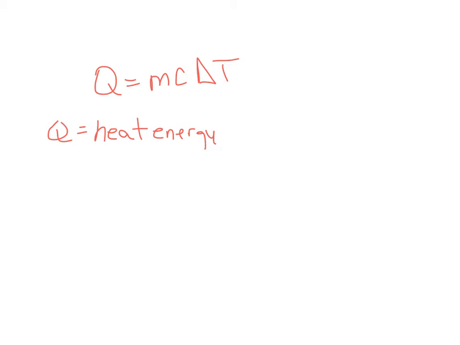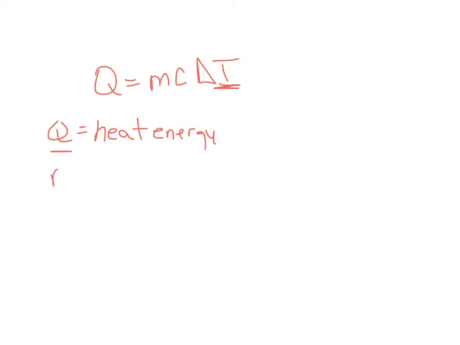That's different from temperature. If we're using specific heat and we're looking at a particular substance, we can calculate the total amount of heat energy that was utilized by that substance or taken in by that substance. And it depends on the temperature.